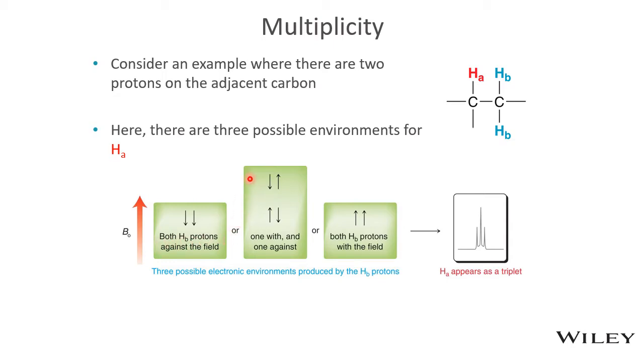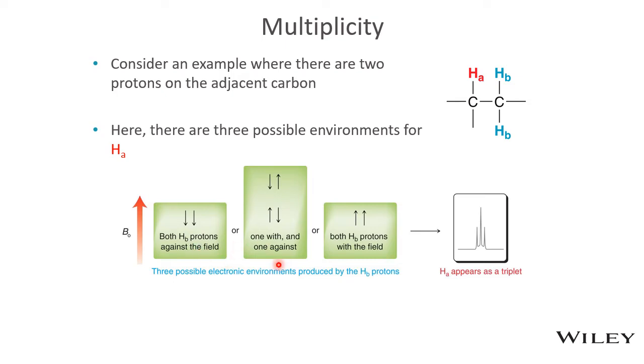We can have one with and one against, and we can have that in opposite forms. So we can have either the top HB in the beta spin state and the bottom one in the alpha, or vice versa. We can have the top one in the alpha and the bottom one in the beta. So these are two possible scenarios. Or we can have both HB protons aligned with the magnetic field in the alpha spin state.